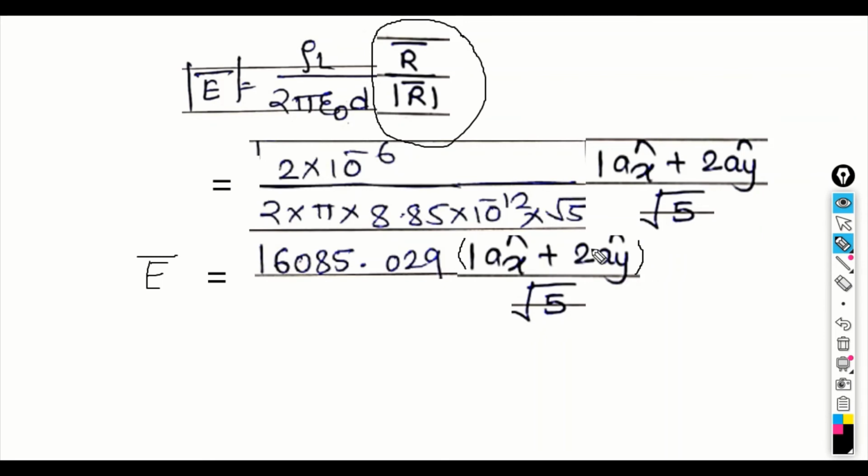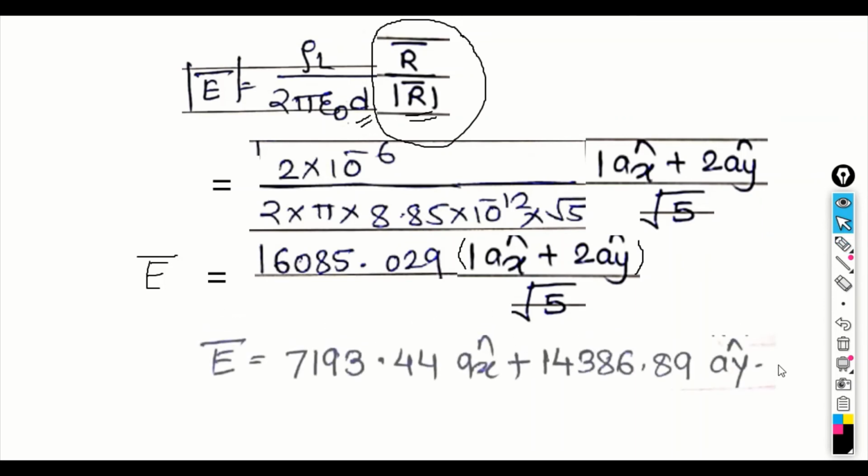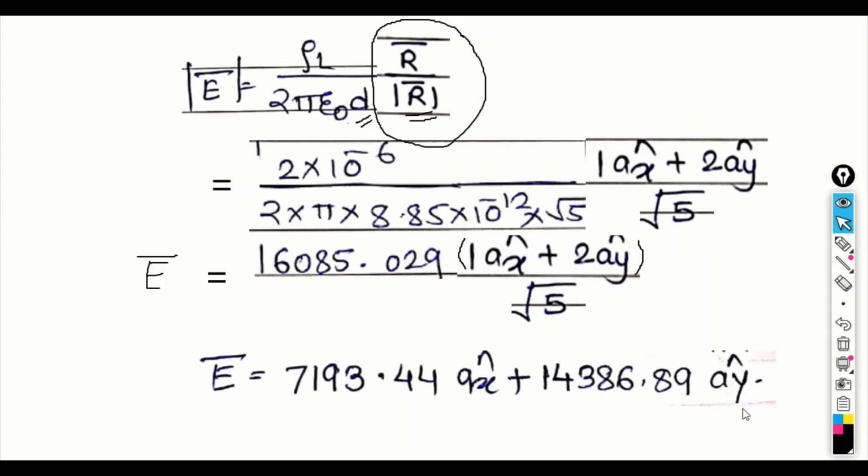Here you observe that d is the perpendicular distance and this is nothing but the magnitude of the vector itself. So solving, I will get the corresponding answer. Don't forget to write the unit, it is volts per meter.